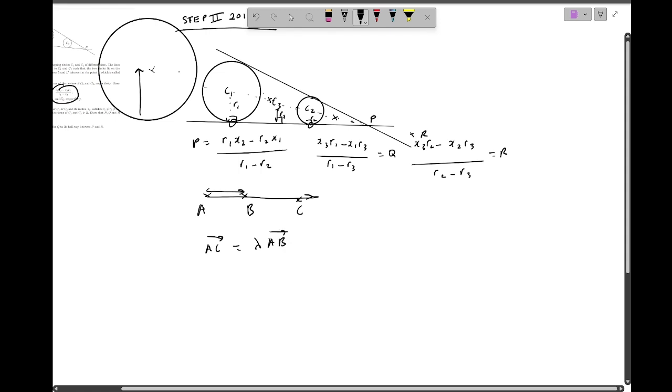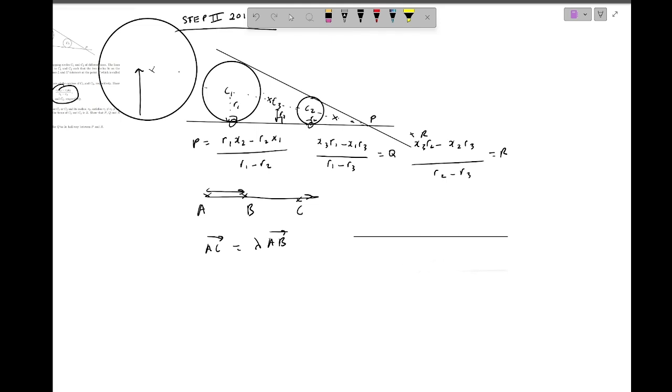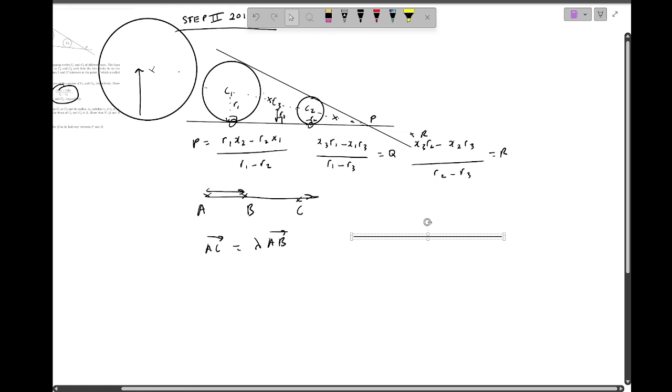Which makes sense. If you have a line like this, and we just scale it up, that's all that's happening. Literally, this is AB and this is AC. You're just scaling up that line.